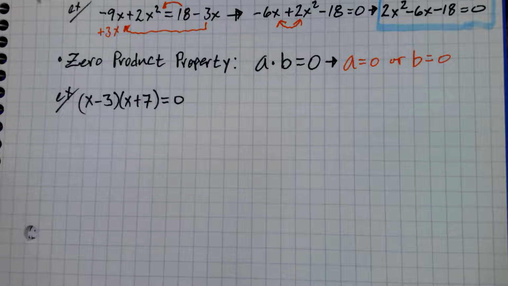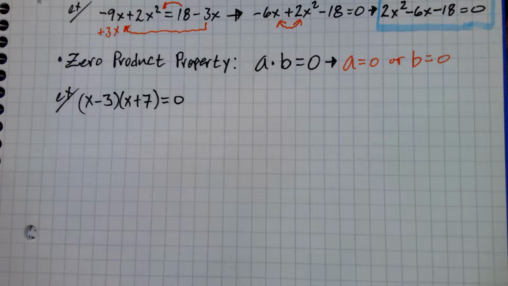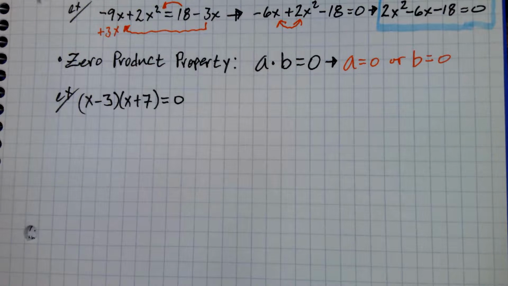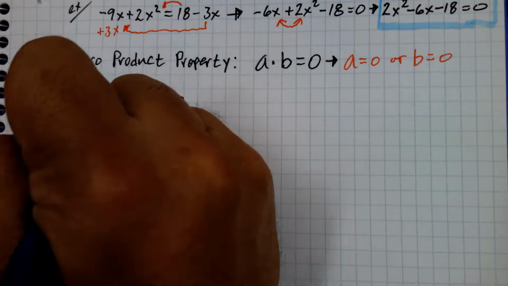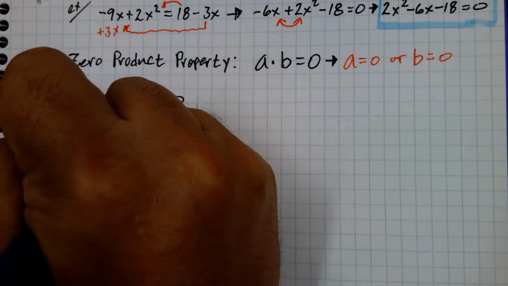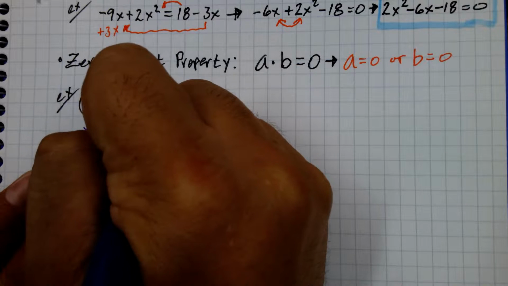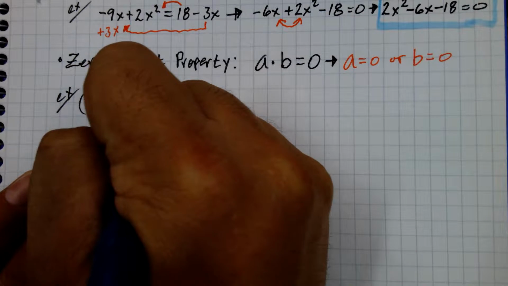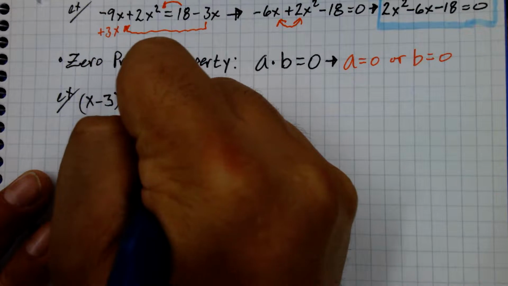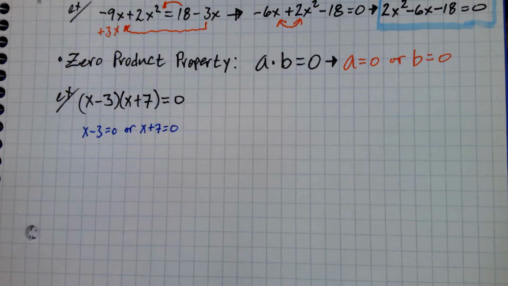So what we can say is either x minus 3 is 0 or x plus 7 equals 0. Okay? So my conclusion is either x minus 3 equals 0 or x plus 7 equals 0.